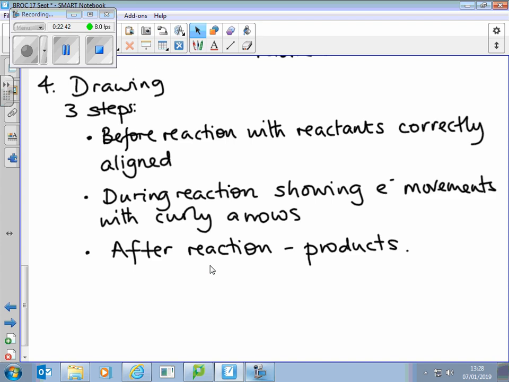The examples that we met earlier, we have this idea of classifying organic reactions as nucleophilic or electrophilic, and on top of that you could then have addition, elimination, substitution.